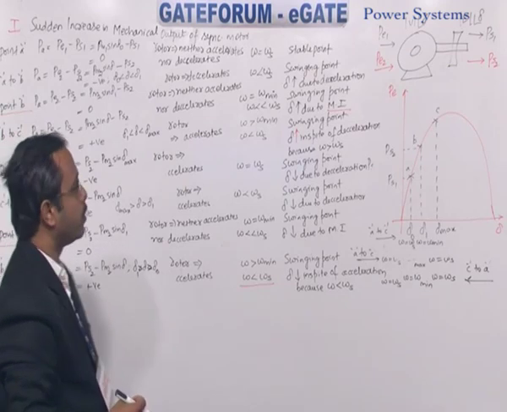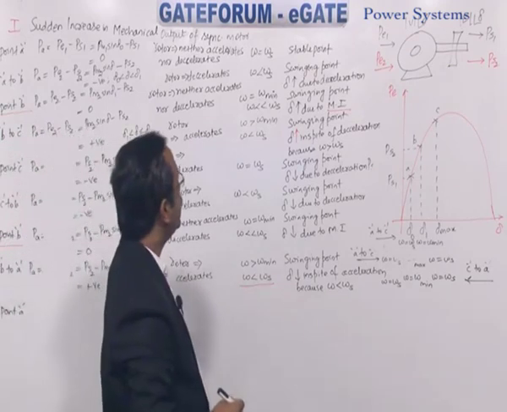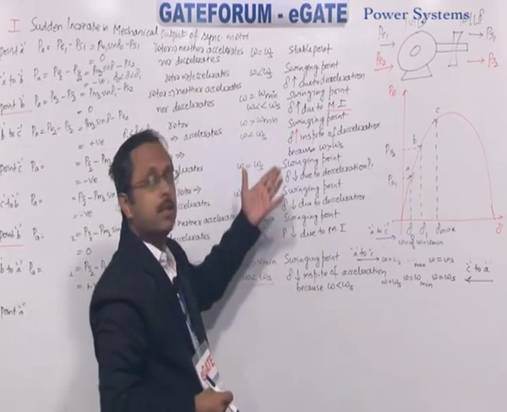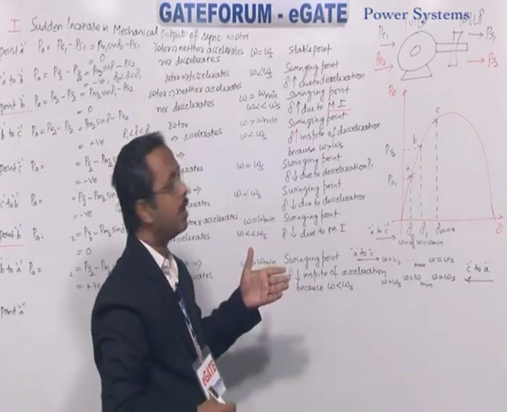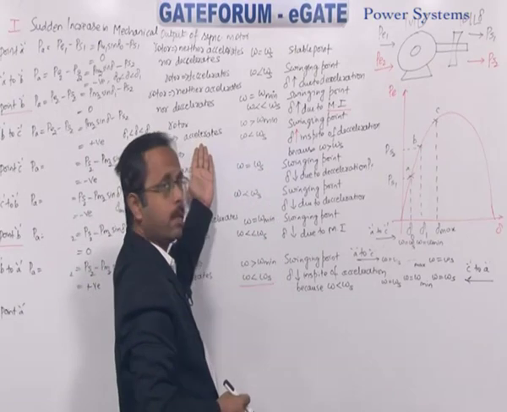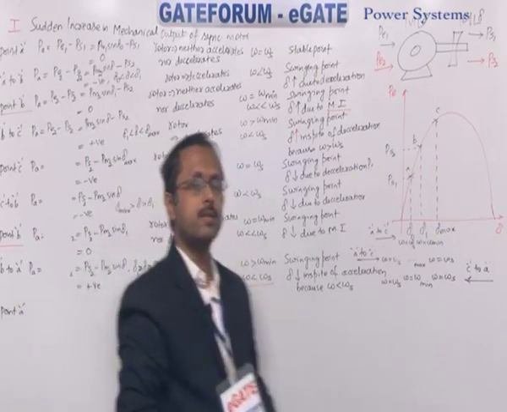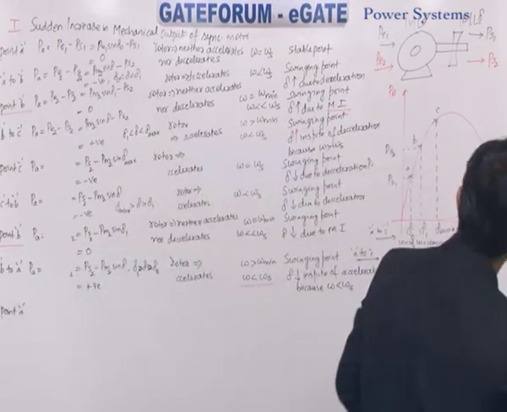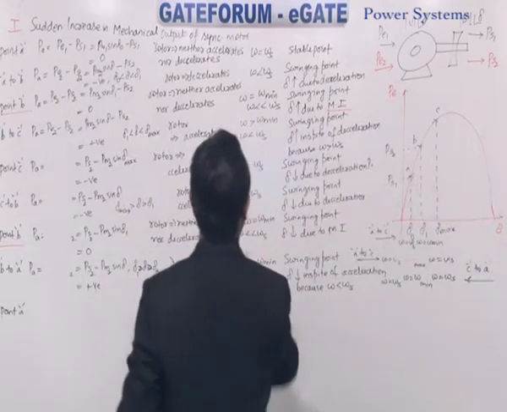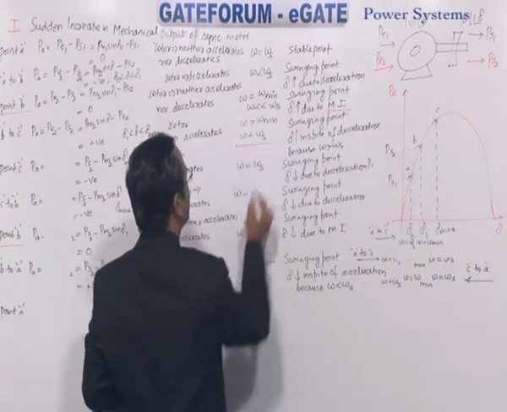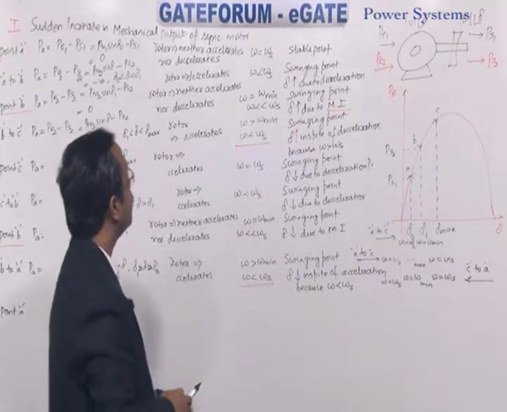Again it is a swinging point. Then why does delta increase? For a synchronous motor, due to acceleration, delta should decrease. But why does the delta increase? Because omega is less than omega s.